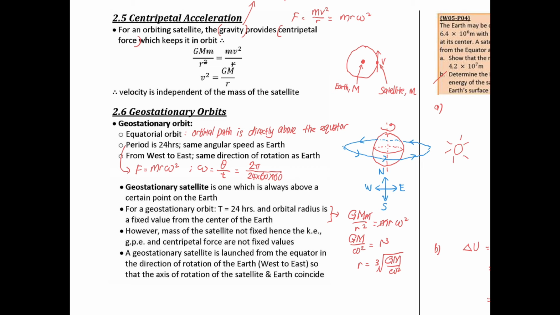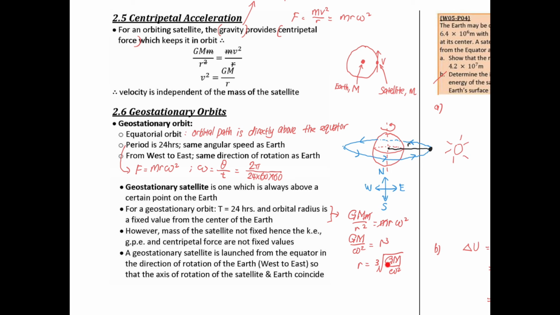The r here is not the radius of the Earth or whatever. It's the distance from the center of the Earth to the satellite. Let's say I put it in black color, from the center of the Earth to the satellite. Let's say the satellite is there. So this is R in black color. You can find that it is a fixed value. Why is it a fixed value?